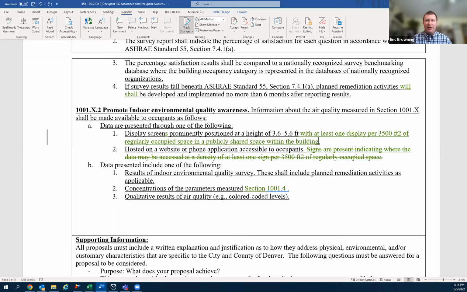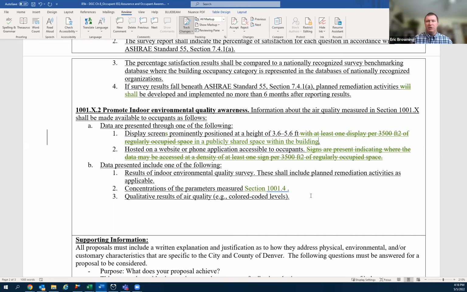Maybe after 5.6 feet, we keep at least one display per building, public entrance and tenant suite, or something like that, so that you can catch it if you come in the door off the main level.